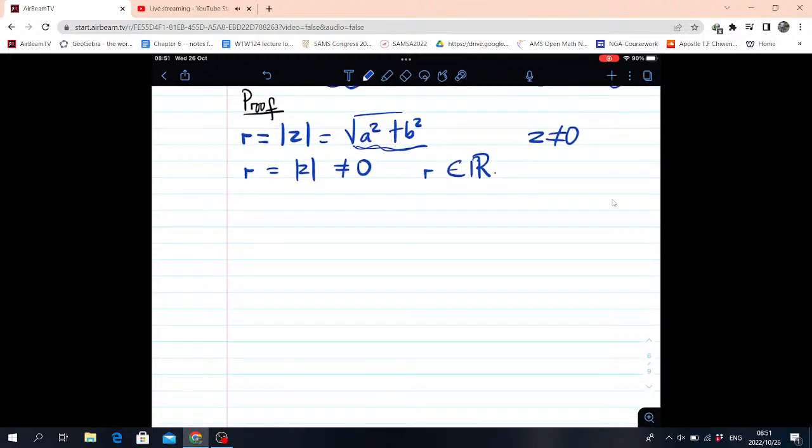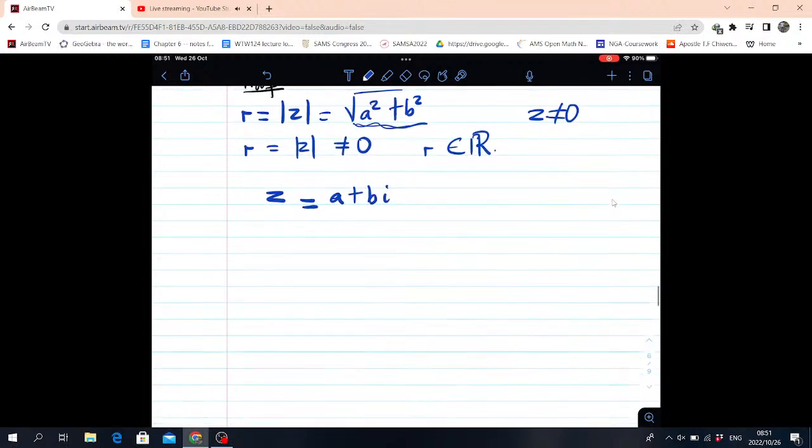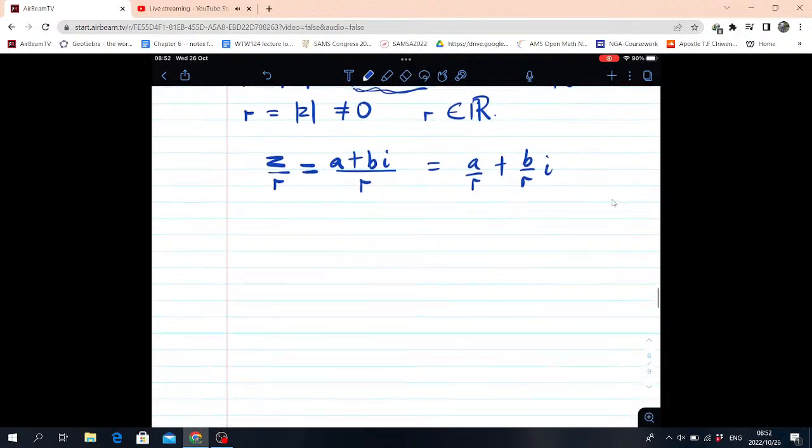Now, from here we can say, remember that z is equal to a plus bi, and if I divide throughout by r, I've got this over r and this over r, which can be written as a over r plus b over r i, right?